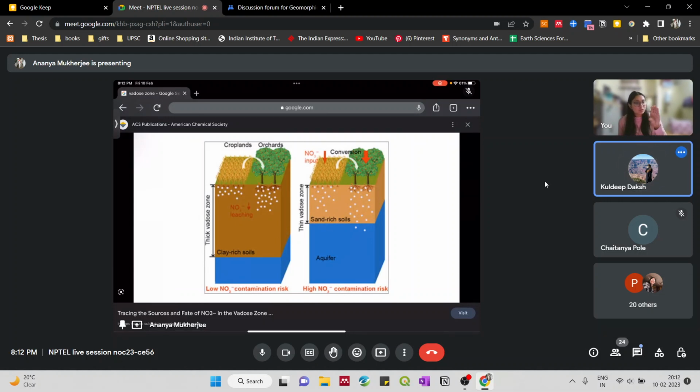No, the vadose zone is in the unsaturated zone. Over here in the simplistic diagram, they are showing the entire thing as vadose zone, but the vadose zone is part of that unsaturated zone. It's not the entire zone. Some places you will have a thick vadose zone, as you can see over here, and some places a thinner vadose zone.